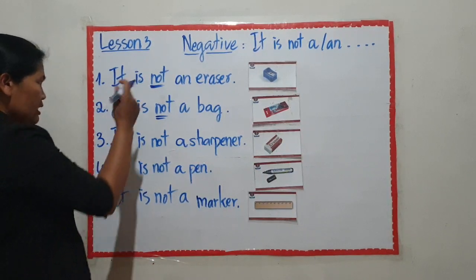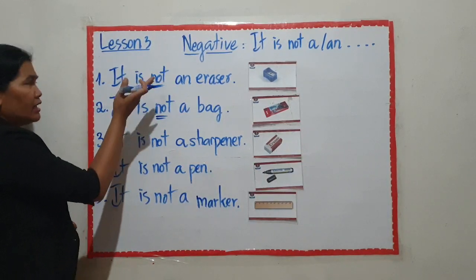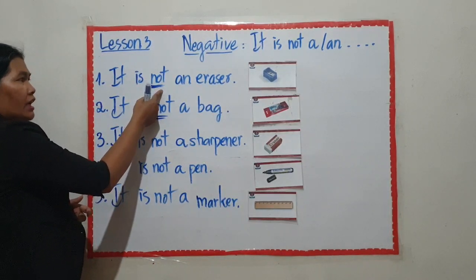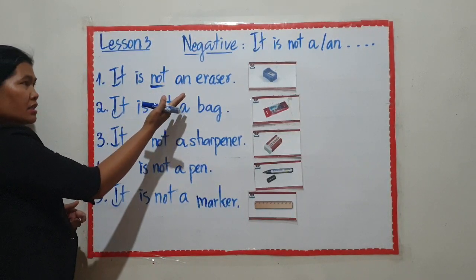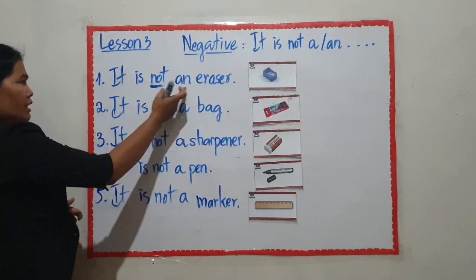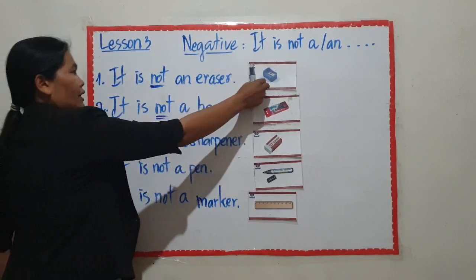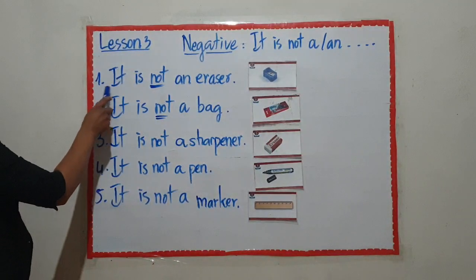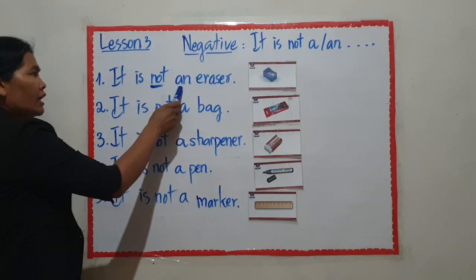So the negative sentence has not in this sentence, like this one. It is, and then not, plus a or an, according to the noun that you use with it. Like this one, everyone read with me. Number one, it is not an eraser.